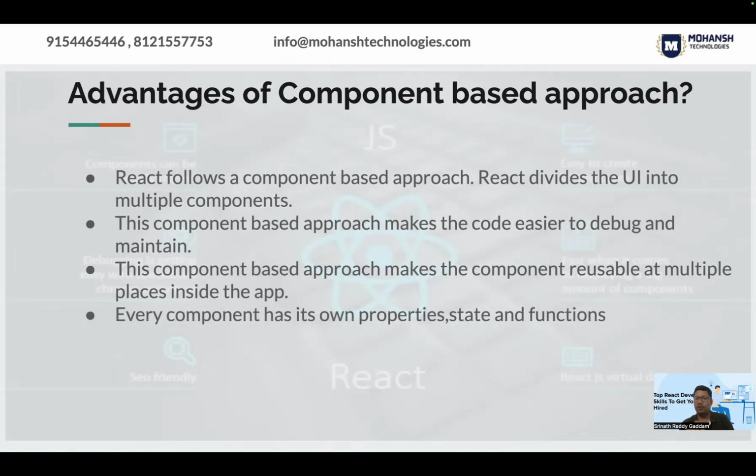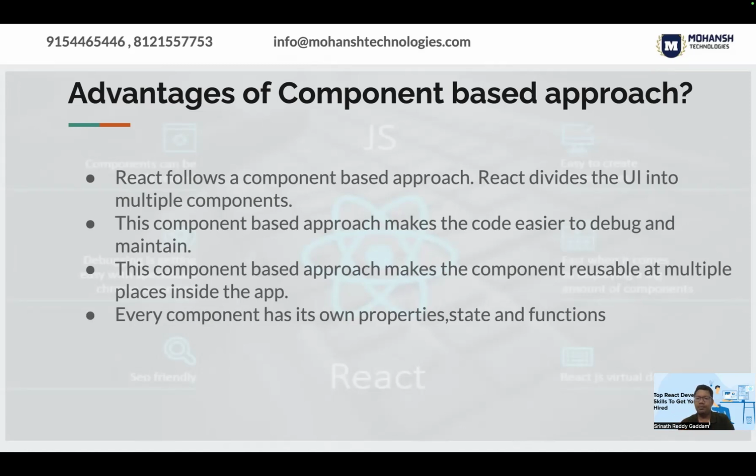Every component has its own properties, state, and functions. Whenever you are building a reusable component, it has its own properties, its own state, and also its own functions. We'll see later on what properties, state, and functions are. Properties are nothing but, for example, some specific height, width, color, etc. State is nothing but it can hold some initial data, an initial state.